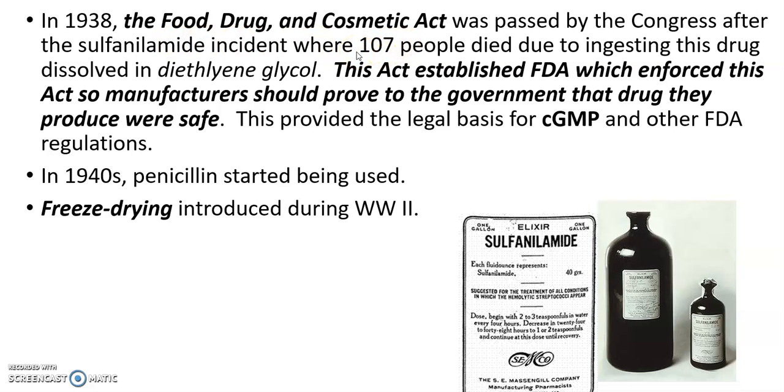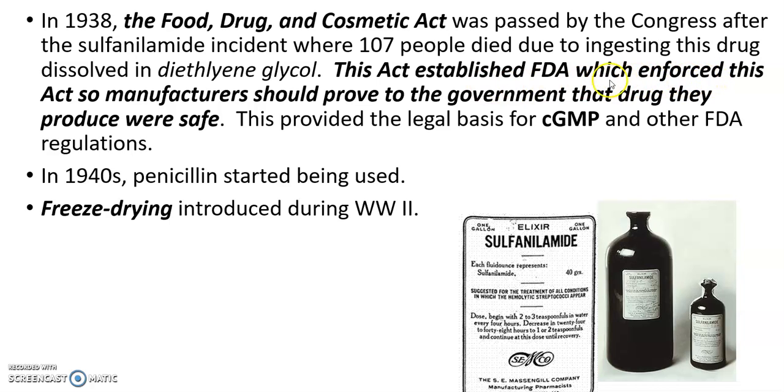So there was a federal investigation, and they understood what happened. After that, they decided to set up a federal law. That is the beginning of the Food, Drug, and Cosmetic Act. Based on that Act, the government agency called the FDA was developed and established.